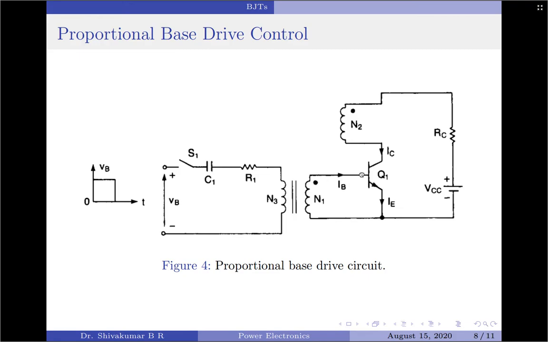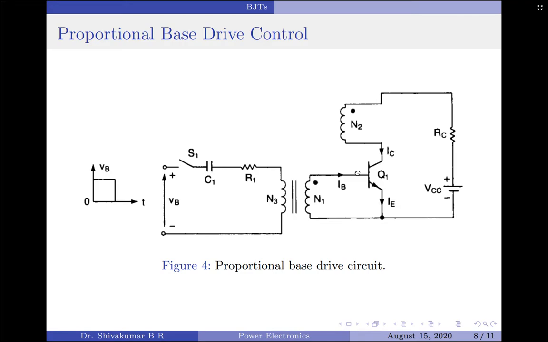One of the advantages, as we already have said, is when there is a change in load current, there will be a change in the collector current, which will change the value of the current flowing through N3, and there will once again be a change in the base current. So this particular technique has advantages over constant drive techniques.